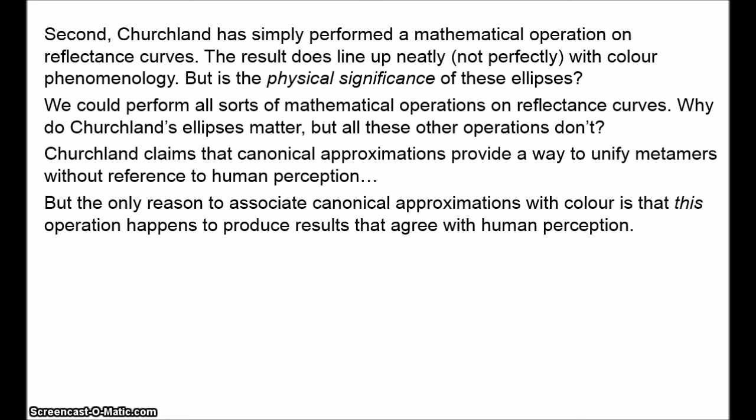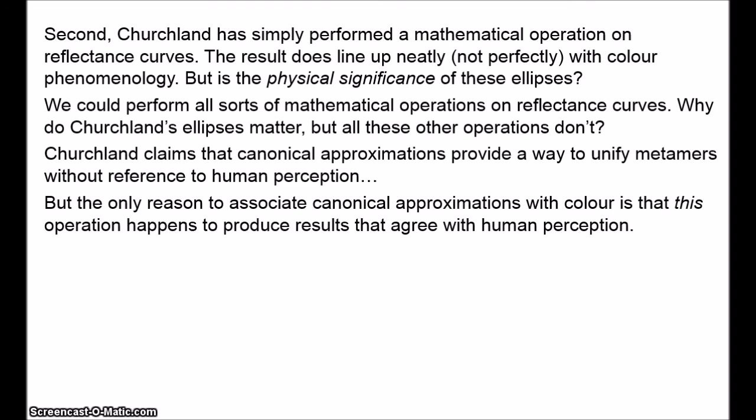Now, if the only reason to talk about canonical approximations is that they provide a way of unifying metamers in a way that corresponds to human perception, then we might wonder, is this really objective after all? I mean, the only reason why we're going with this mathematical operation is that it produces results that correspond to human colour perception. But if you forget about human colour perception and ask, what sort of mathematical operation should we perform on metamers to unify them?